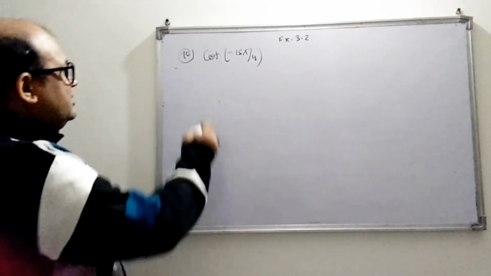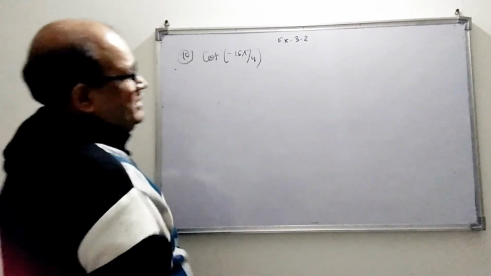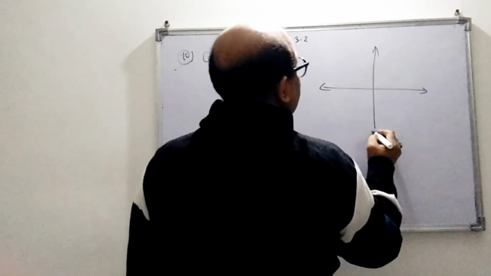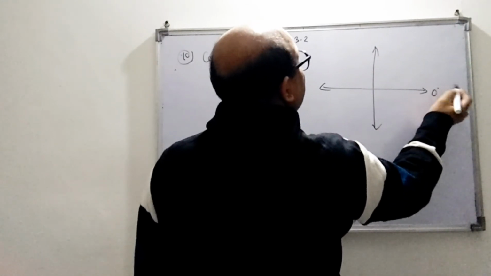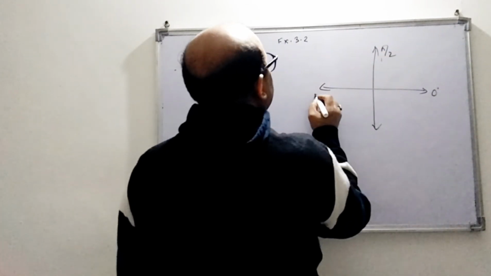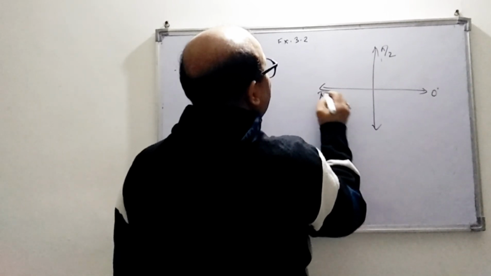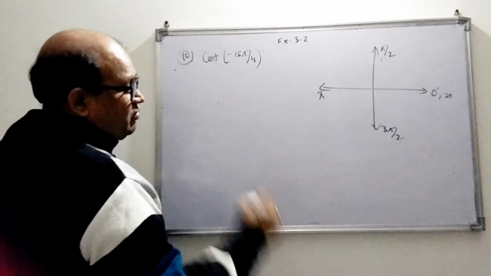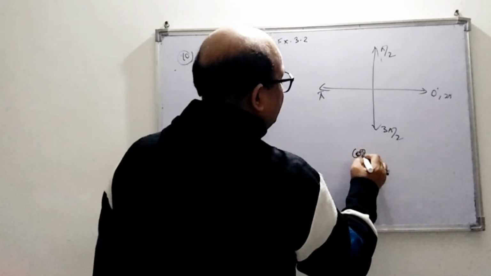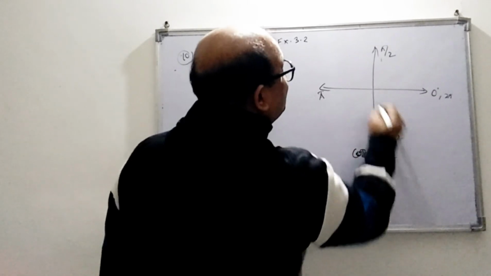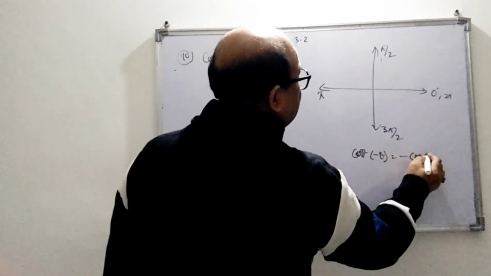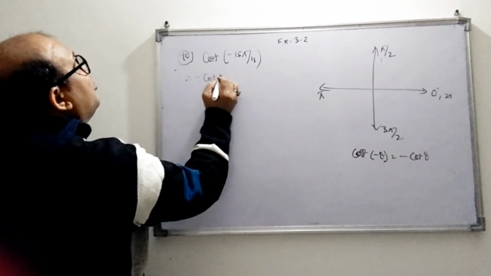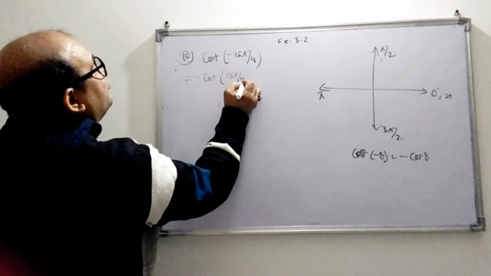Next question: find the value of cot of minus 15 pi by 4. Let us go: 0, pi by 2, pi, 3 pi by 2 and 2 pi. We know cot of minus theta, in the fourth quadrant, equals minus cot theta. So cot of minus 15 pi by 4 equals minus cot 15 pi by 4.